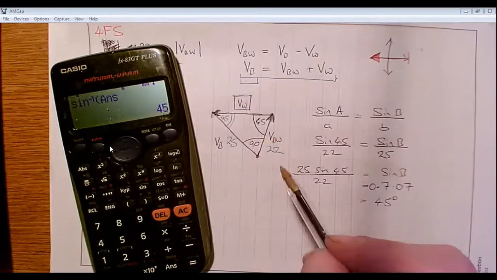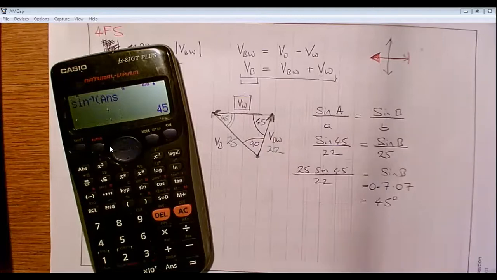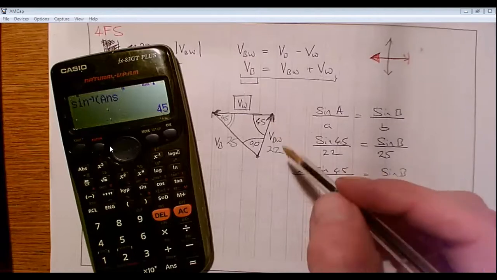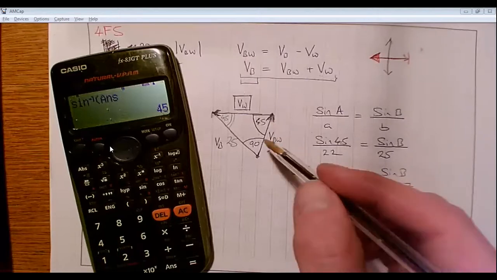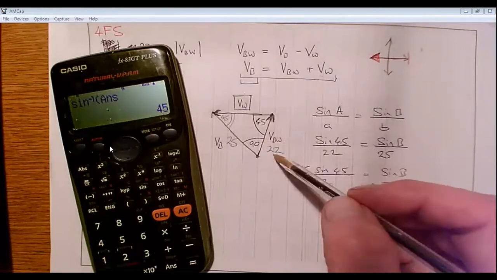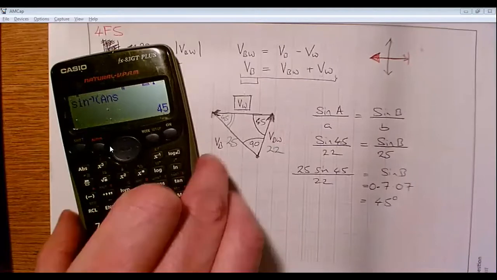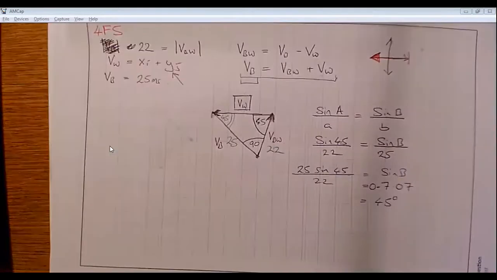Therefore, oh, there's something wrong. I know there's something wrong because we've got two 45-degree angles, and they're opposite each other, and these two sides should be equal. Anybody see my mistake? Yeah, okay, I must have made a mistake.